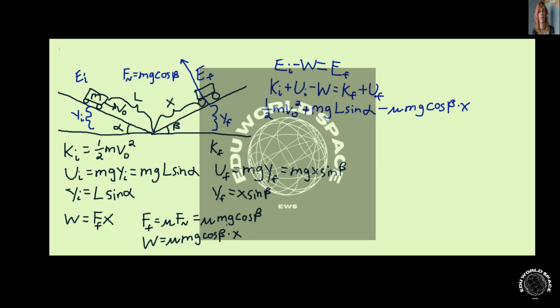And we know that that whole term is equal to the final kinetic energy, which is 0, plus the final potential energy term, which is mgx times the sine of beta.